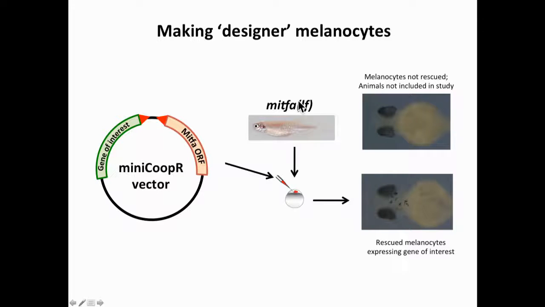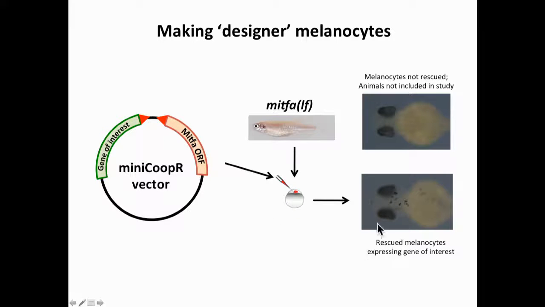MITFA is an essential gene for melanocyte formation. We use a Tol2-based vector, Mini Cooper, that has a MITFA minigene, to which we can couple our gene of interest, and this injection is able to rescue the formation of melanocytes in a cell-autonomous way.